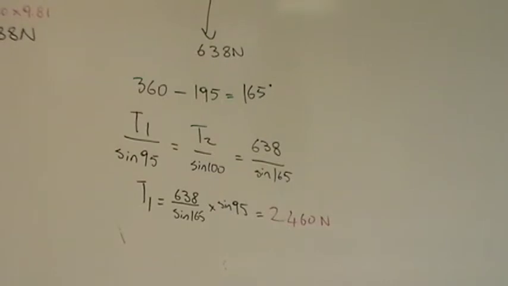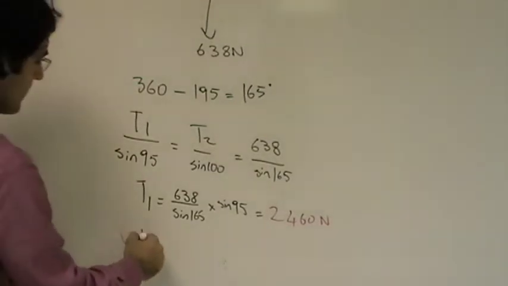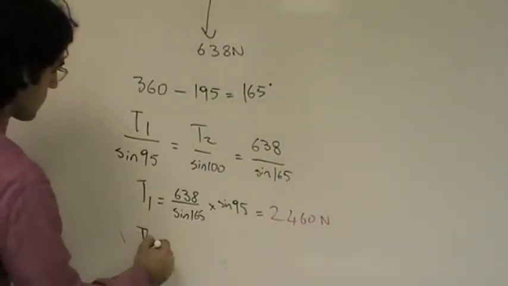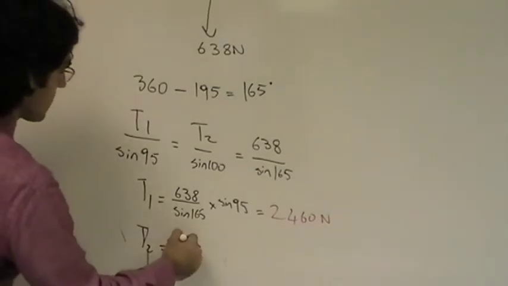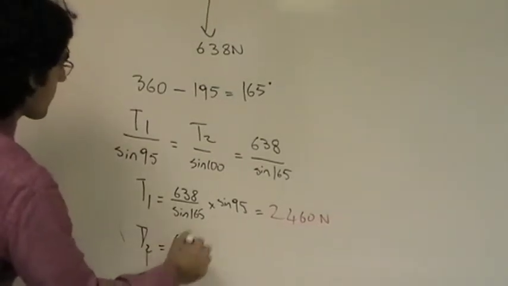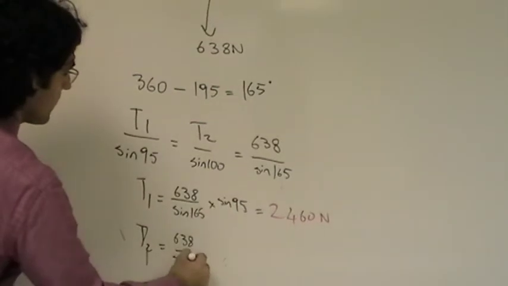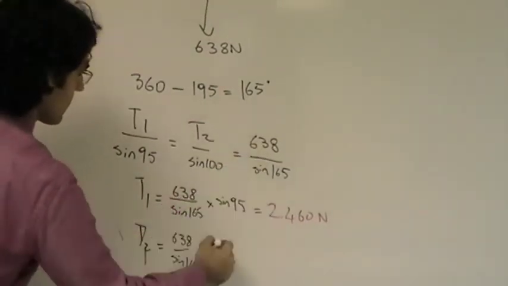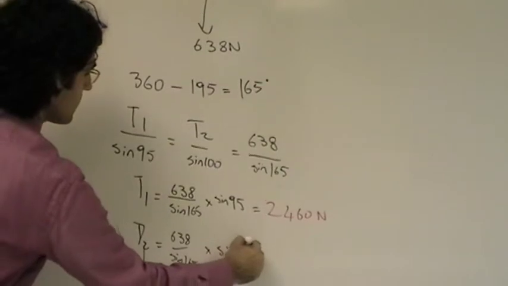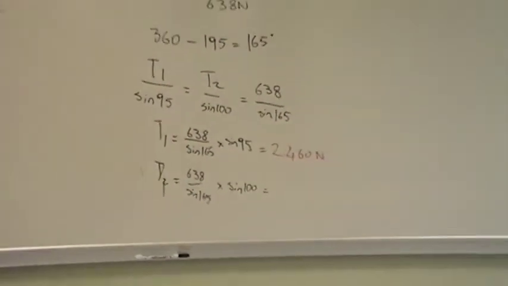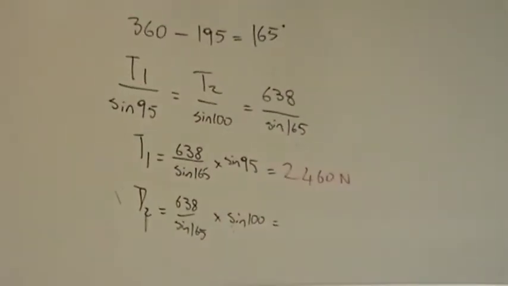Similarly, you can also find T2. T2 will be equal to 638 divided by sine of 165 multiplied by sine of 100, which you can also find.